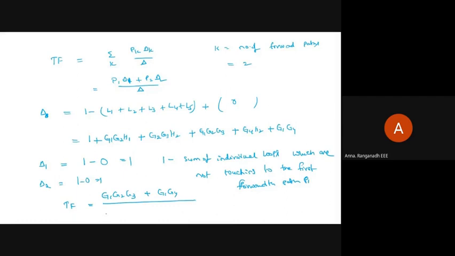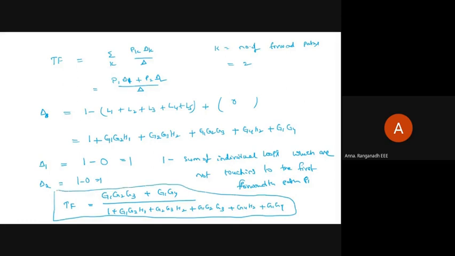This is the equation we need to write. Delta is 1 plus G1, G2, H1 plus G2, G3, H2 plus G1, G2, G3 plus G4, H2 plus G1, G4. So this is the transfer function of the given block diagram obtained by converting it to a signal flow graph.